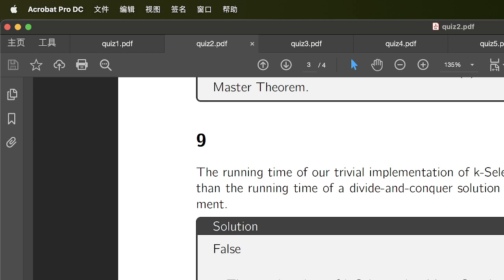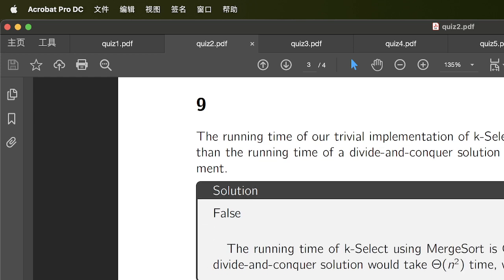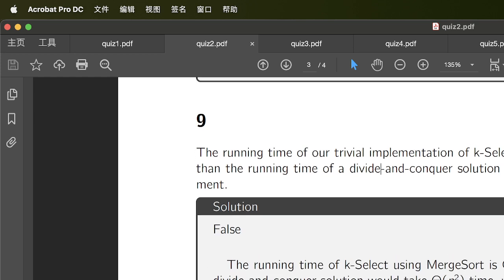It's definitely slower than n log n. So the answer is false. To solve this kind of problem, just keep in mind the merge sort is n log n, and for k-select, the best case and the worst case have different runtimes.